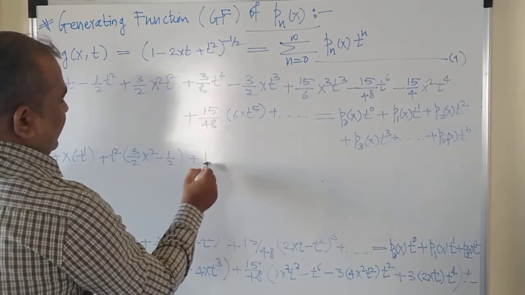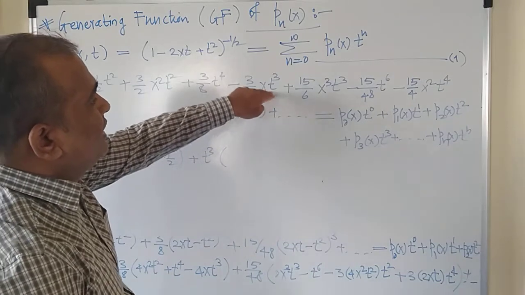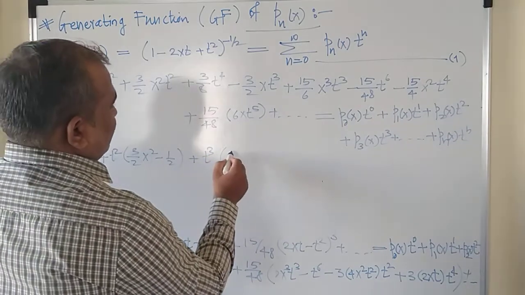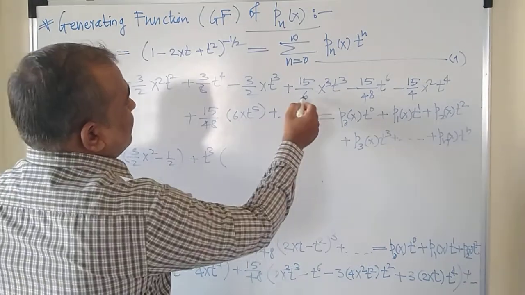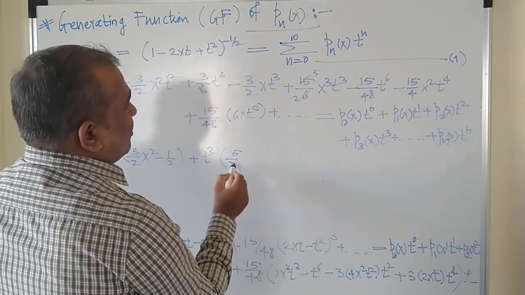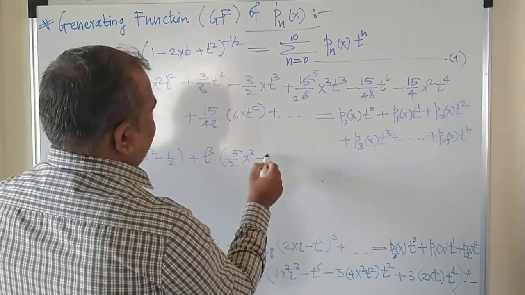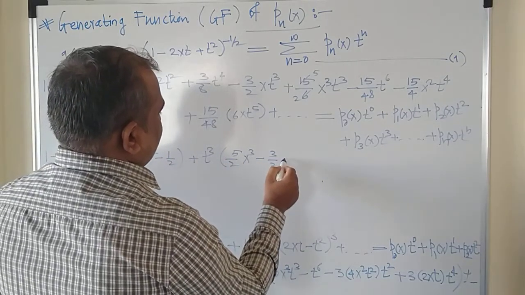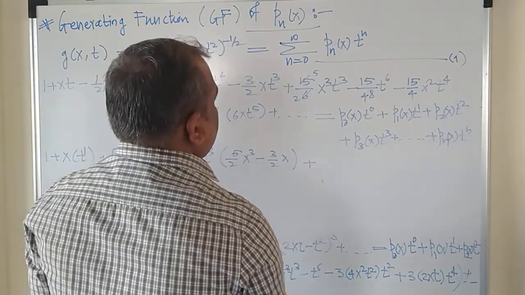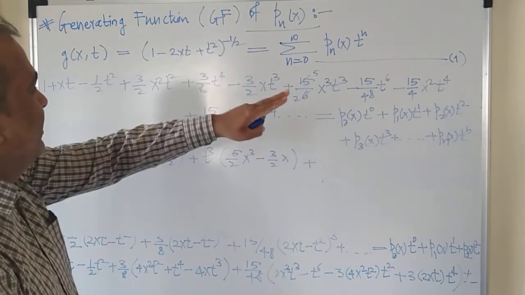Similarly, I can take out t cube common, and in the bracket t cube is here and t cube is here. So 15 by 6 can be simplified as 5 by 2. So this is 5 by 2 x cube t cube minus 3 by 2 x, right, plus t raised to power 4 now. Here is a t raised to power 4.